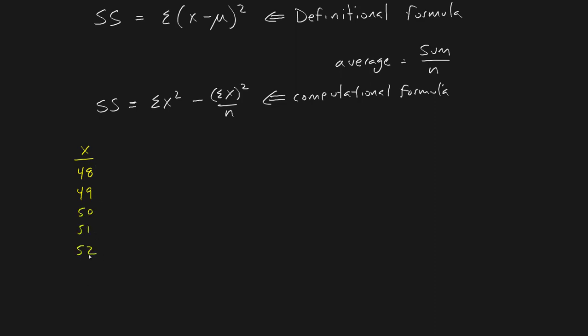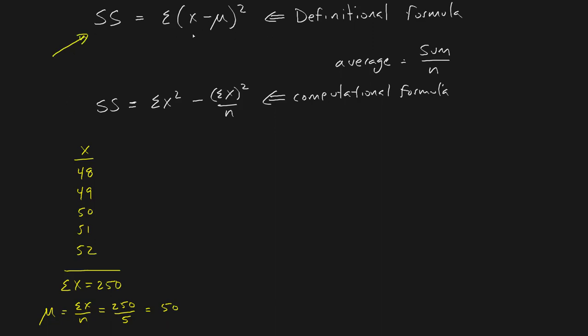You might recognize this from a previous concept video where I found that the total was equal to 250, and I used that total to find the mean. That is the sum of x over n, which is 250 over 5. My average is 50.